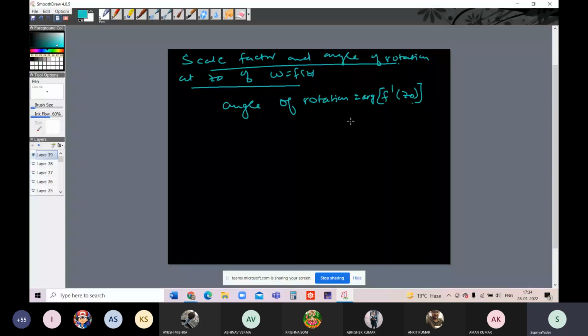And the scale factor will be the mod of f dash z naught. This will be the scale factor. Okay. It is all about the conformal mapping.